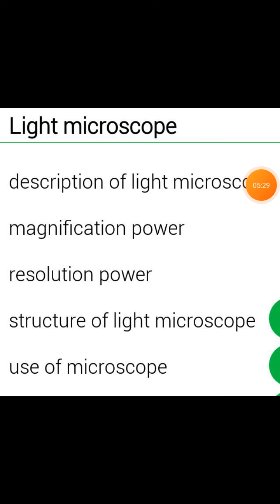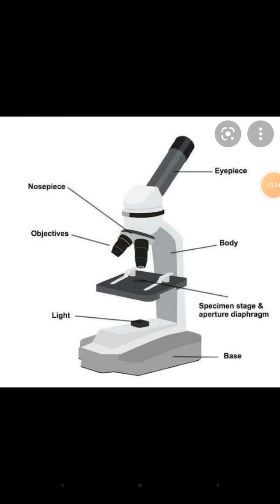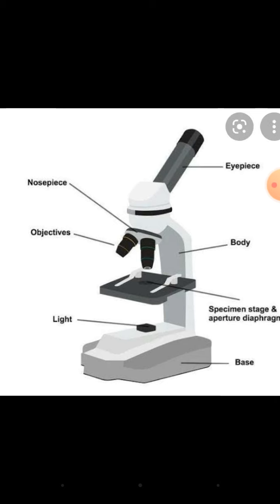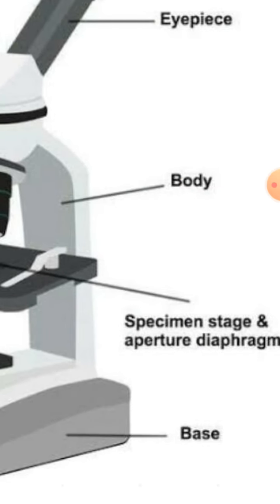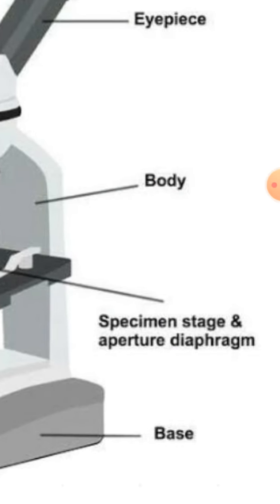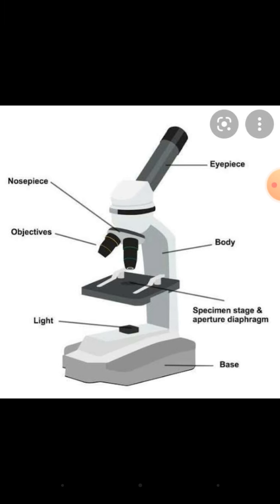Structure of the light microscope. A light microscope has many components, but in this picture there are only a few: eyepiece, nose piece, objective, body, light and specimen stage, aperture, diaphragm and base.